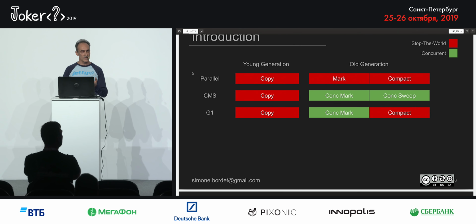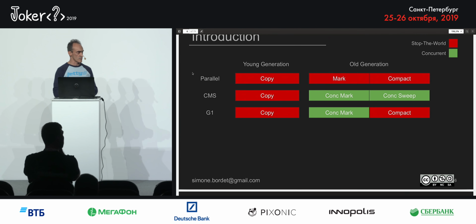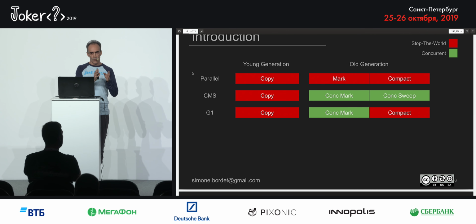The marking of live objects is done concurrently, but the compaction of those objects is done in a stop the world pause. The good thing, and the difference with the parallel collector, is that the old generation gets split into multiple pieces, and then only one piece at a time gets compacted.